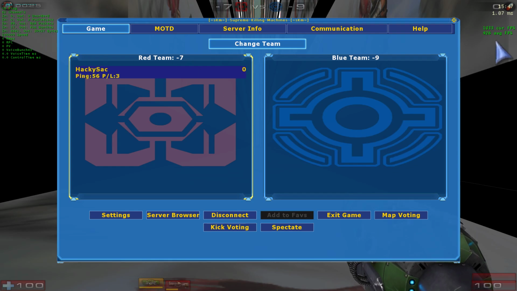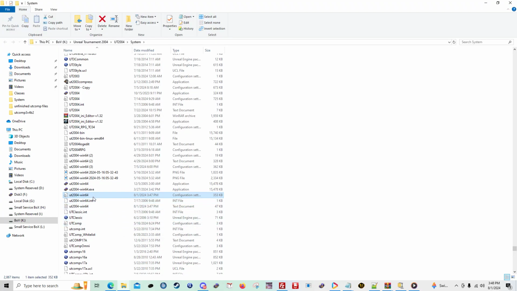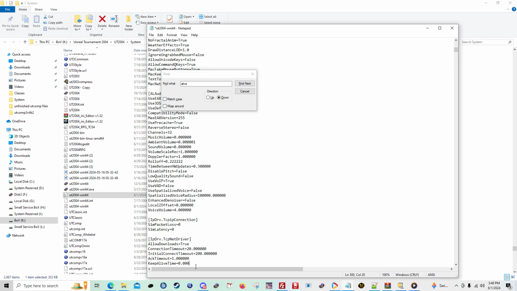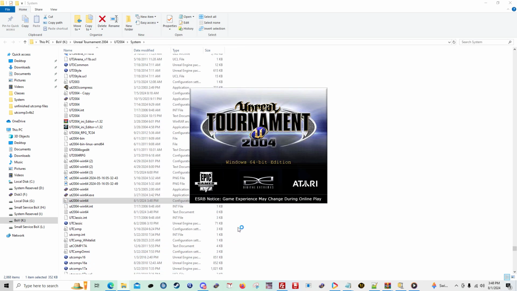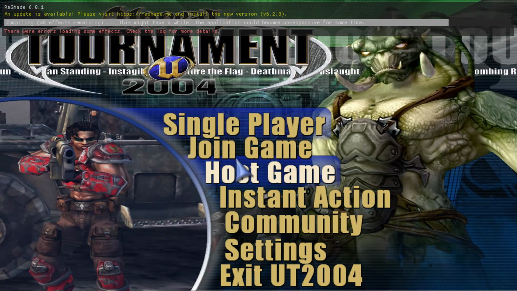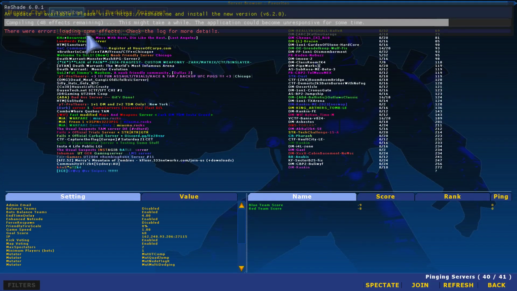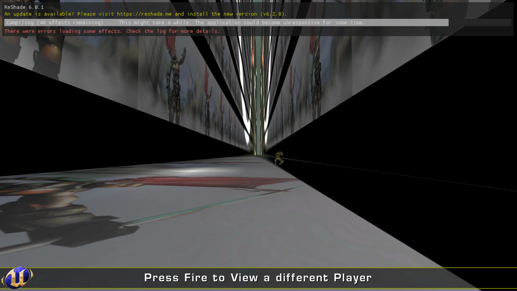Like if I set my keep alive time back to default, which I think is 0.2, I think that's what the default is right there, and go back into the server. This is where having your own server comes in handy when it comes to constant testing like this and having to go in and out of the game, changing something constantly.